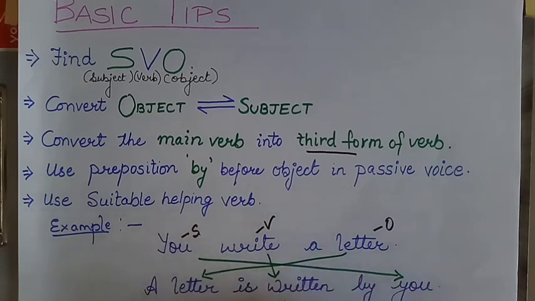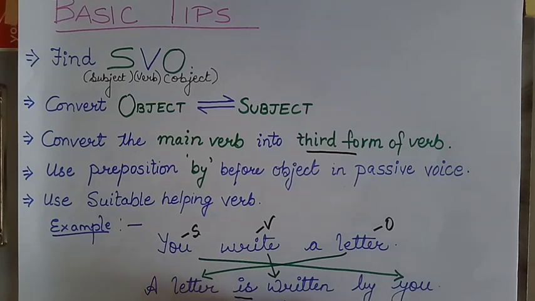And the verb will change to verb third form, that is written. Now, because it is present tense, we have added the helping verb is. So the answer will be: a letter is written by you. So changing subject to object and object to subject, I believe that is clear to you. Changing of verb to verb third form is clear to you.